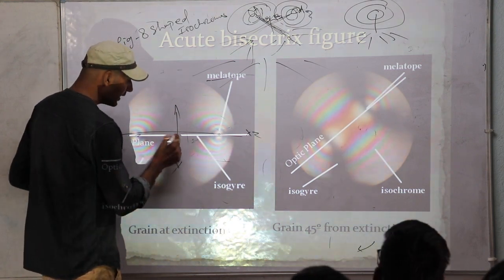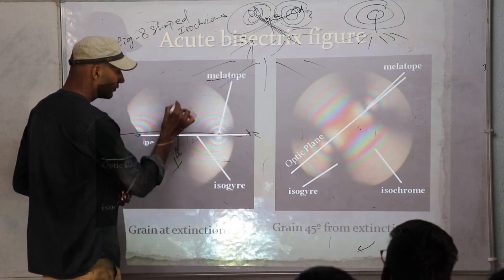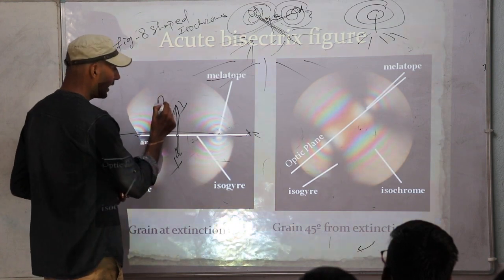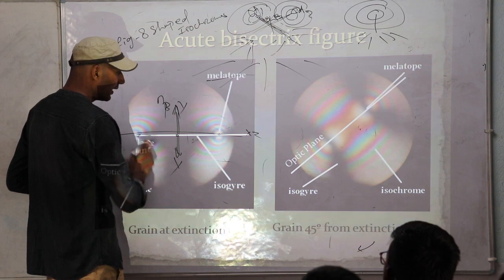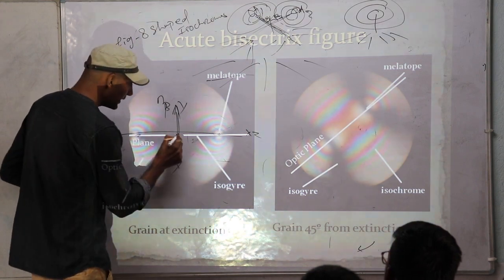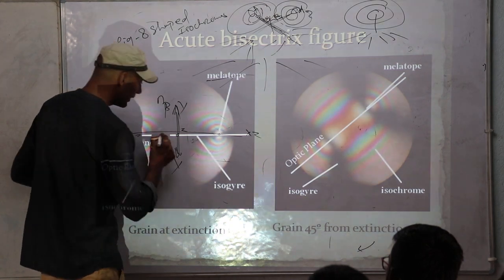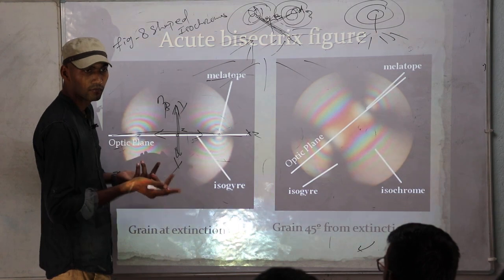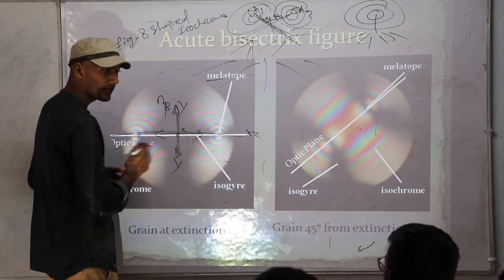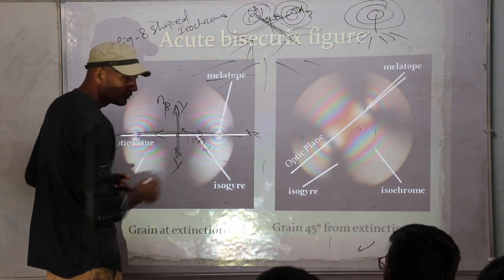So if you are considering this point, there are two vibrations. One is Y or n beta. We have already discussed Y means n beta. In the XZ plane, if Z is the acute bisectrix, this vibration will be n alpha.